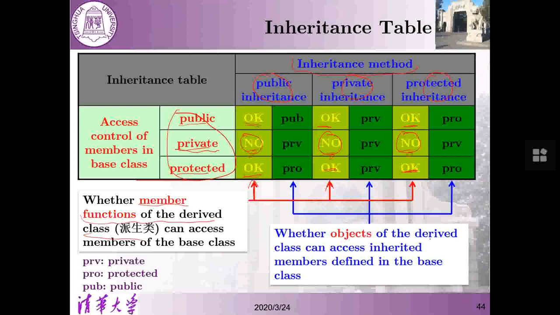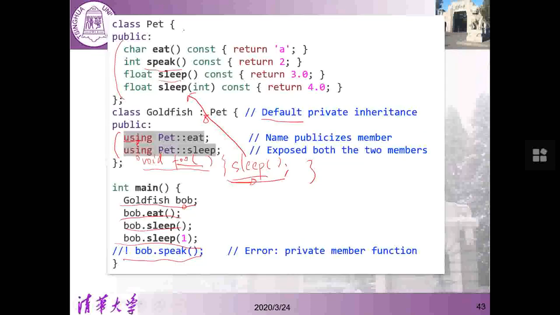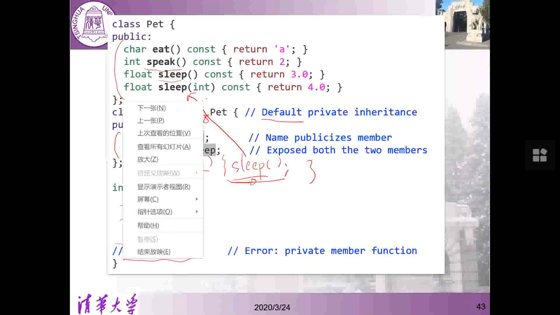whether objects of the derived class can access inherited members defined in the base class. For example, if we have this class B inherits public, maybe we just take this. Okay, it's public. This, for example, is private, right?